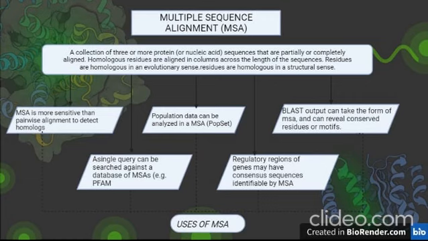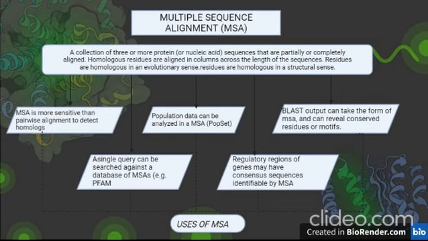Fourth, domain identification. By looking at the file provided by a multiple sequence alignment, we can extract profiles to use against the databases. Fifth, DNA regulatory elements. We can use multiple sequence alignment to locate DNA regulatory elements such as binding sites, etc.